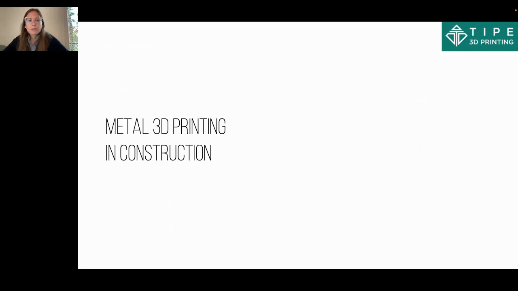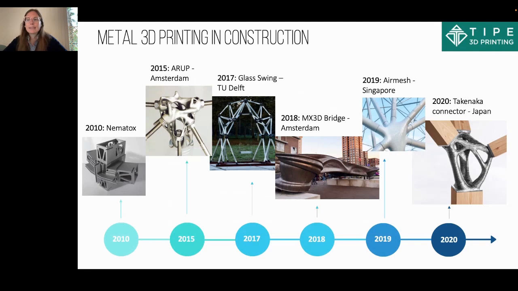A little bit of an overview on metal 3D printing in construction. Over the past decade, there has been an increased interest in how to best apply this technology for construction. But at the beginning, it was just applied to very few architectural pieces, and mainly in small connections and small pieces of the whole structure.